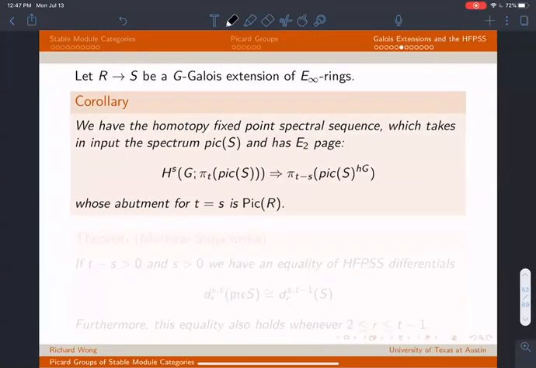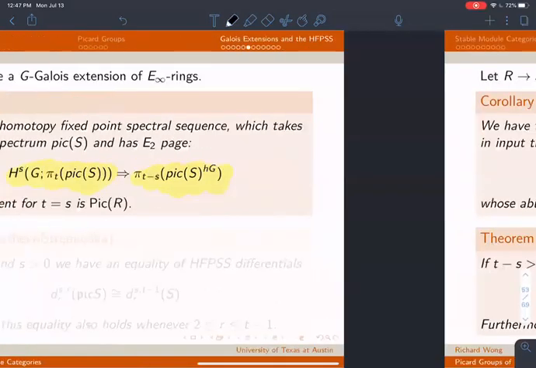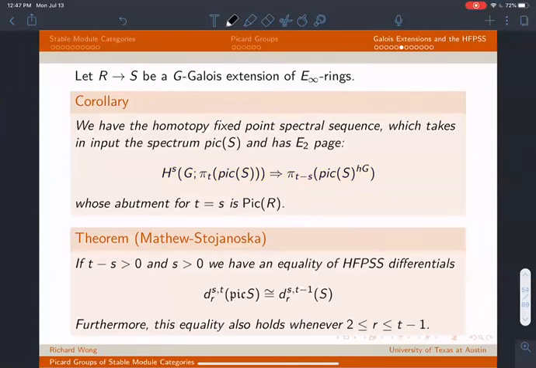So recall the spectral sequence due to Mathew and Stojanoska has E2 page that looks like this and computes the Picard group's homotopy fixed points. And the nice thing that Akhil and Vesna proved is that we have a comparison tool.